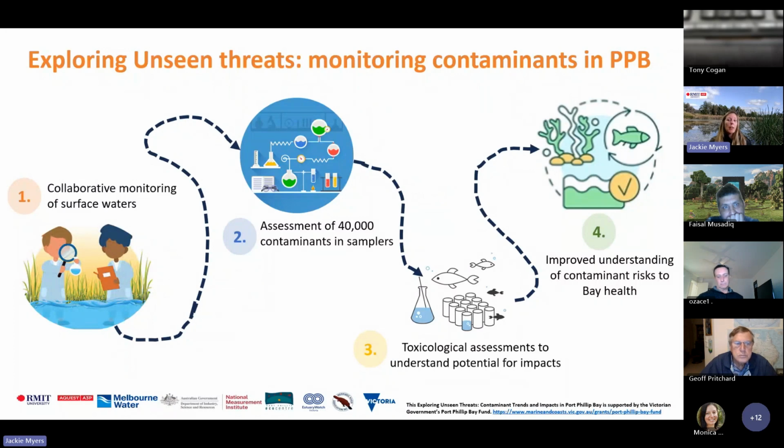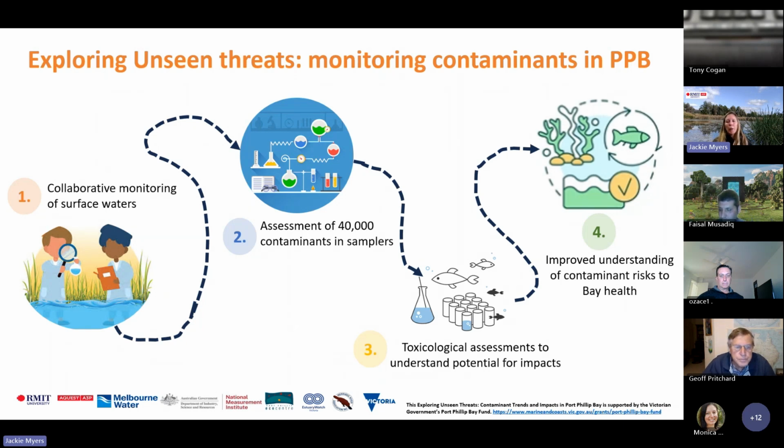The project is funded by the Victorian Government's Port Phillip Bay Fund, but there's also a component of work in Western Port that is funded through Melbourne Water through a partnership that we have with them called the Aquatic Pollution Prevention Partnership. Now, the project overall aims to investigate the occurrence and impacts of contaminants from everyday activities in our estuaries and bays.